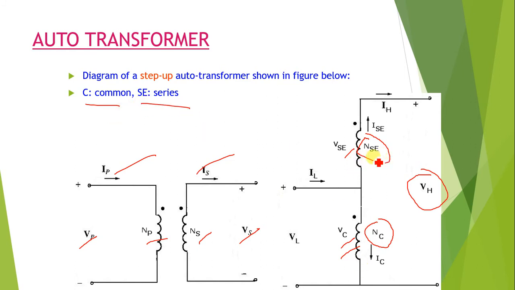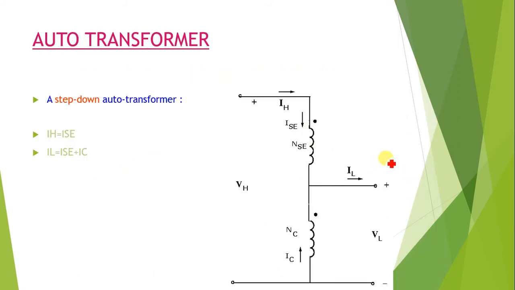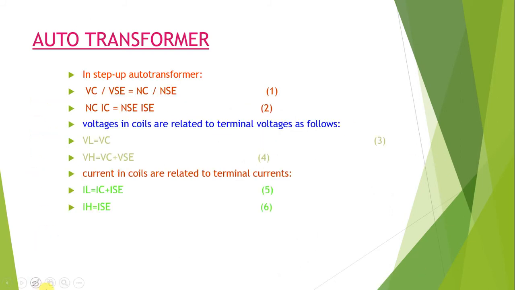Looking into the voltage and current equations for an auto transformer, VC by VSC is equal to NC by NSC. This is a very generic formula. NC IC is equal to NSC into ISC.